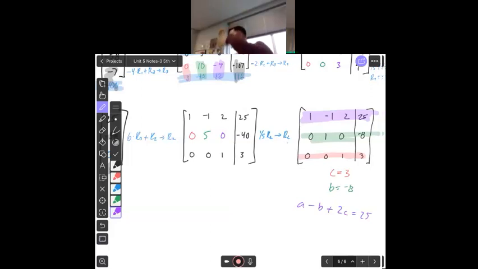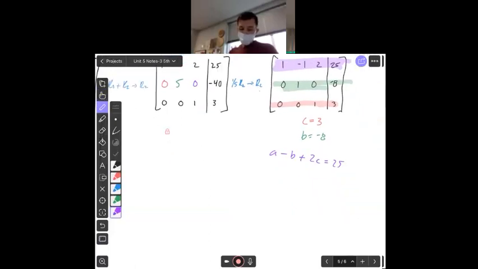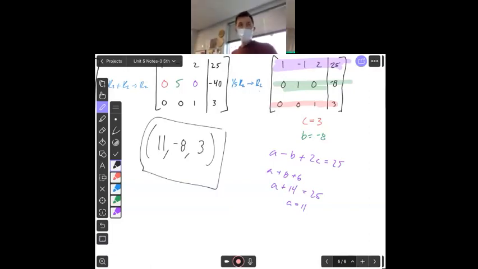I'm going to plug B and C in, and we'll solve for A, which is light work. So B being negative 8, that's going to be plus 8, and 2 times 3 is 6, so plus 6. So A plus 14 equals 25. So A is 11. There'd be our ordered triple.